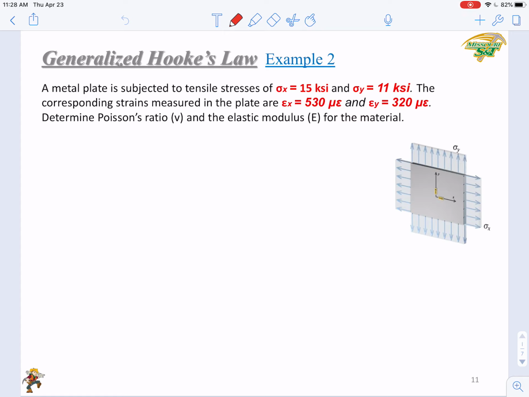You can see the two here. These are two strain gauges. Using them, you can measure the epsilon X and epsilon Y. And since the stresses have been known, we'll determine the Poisson ratio and the modulus of elasticity of the material.